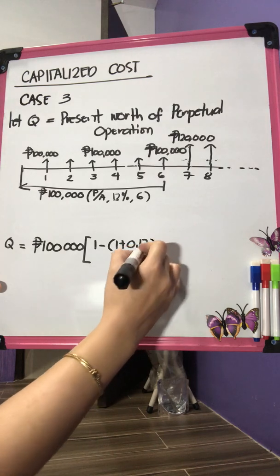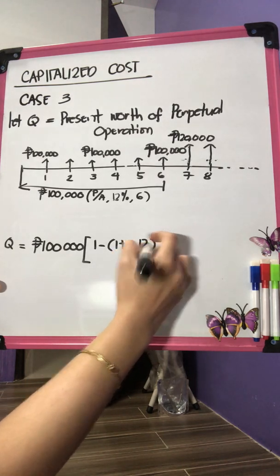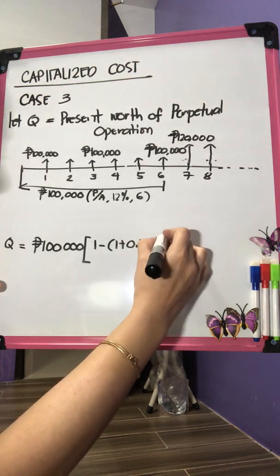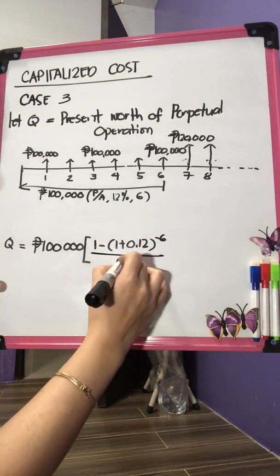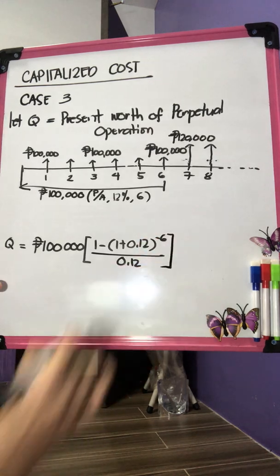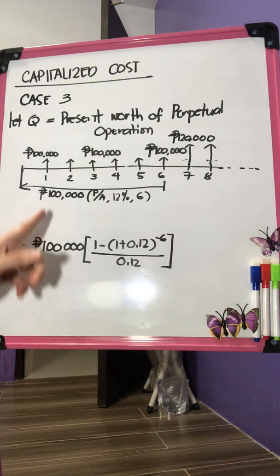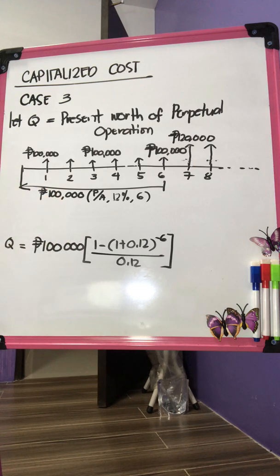Since yan ay 6 years and compounded annually, raised to negative 6 all over I, which is equal to 0.12. Okay? So, nakuha na natin yung present worth nung 100,000 na operating expenses natin for the first 6 years.